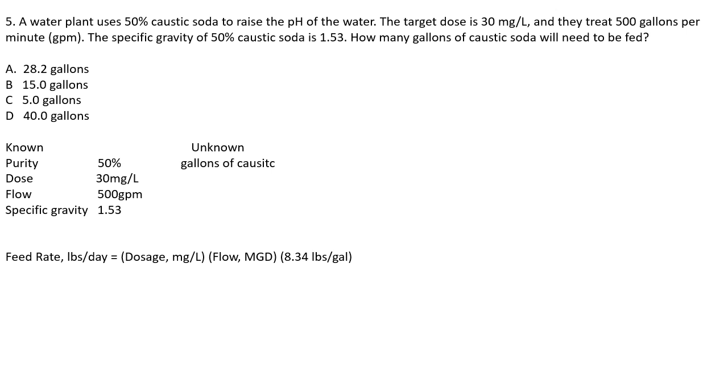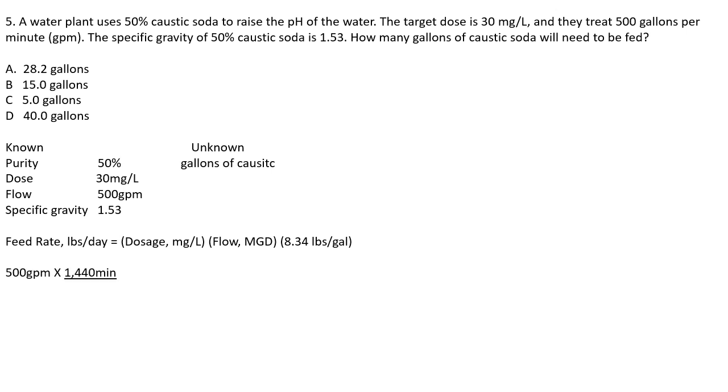And the first step is going to be to convert that 500 gallons per minute to MGD. So we're going to do 500 gallons per minute times 1,440 minutes in a day. And that gives you 720,000 gallons per day. Now we need to convert that to MGD. So we're going to divide it by 1 million.